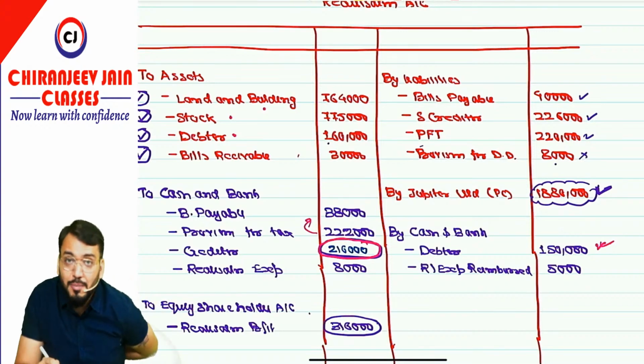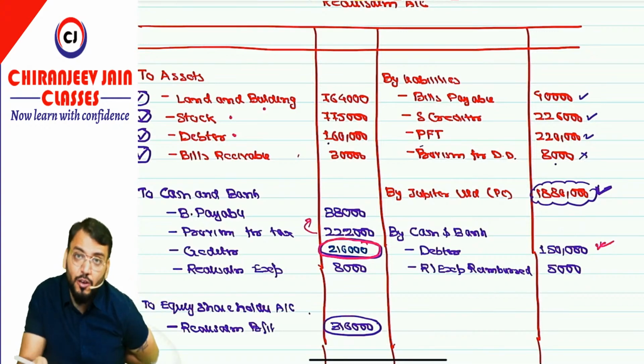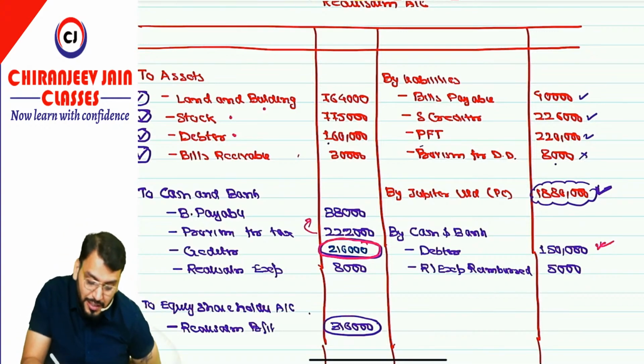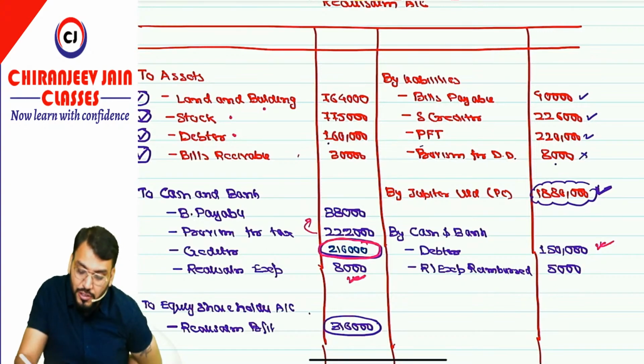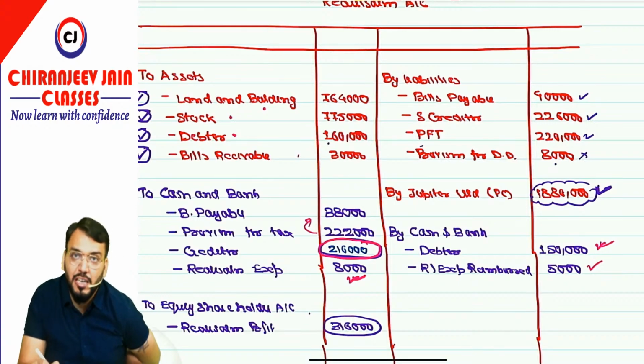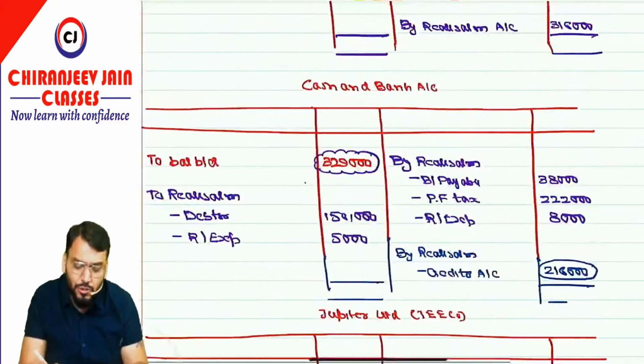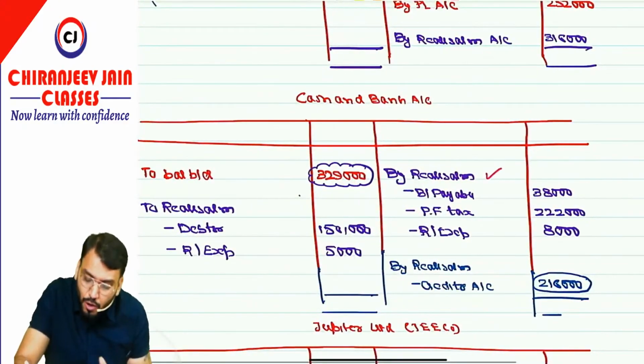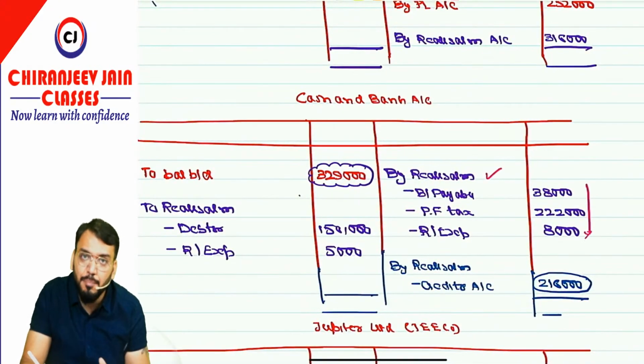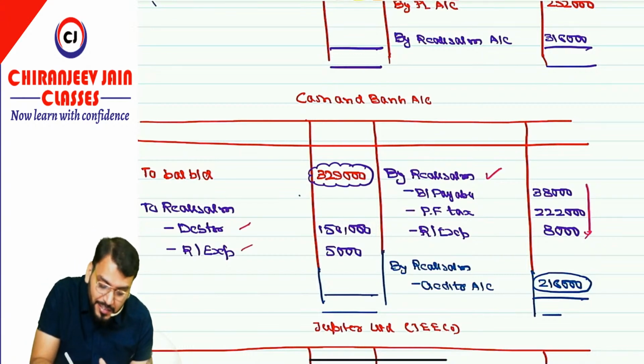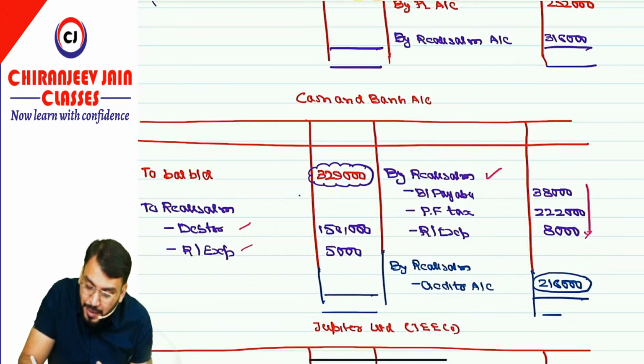Understood. Now there was a liquidation expense paid of 8,000, reimbursed was 5,000. So you can see we have written to cash and bank realization expense paid 8,000, recovered 5,000. Now you can also close cash and bank account. So in cash and bank account, by realization all the liabilities and the payment to realization debtor and realization expense recovered will come, and the balancing figure of this account will be the payment to creditor.